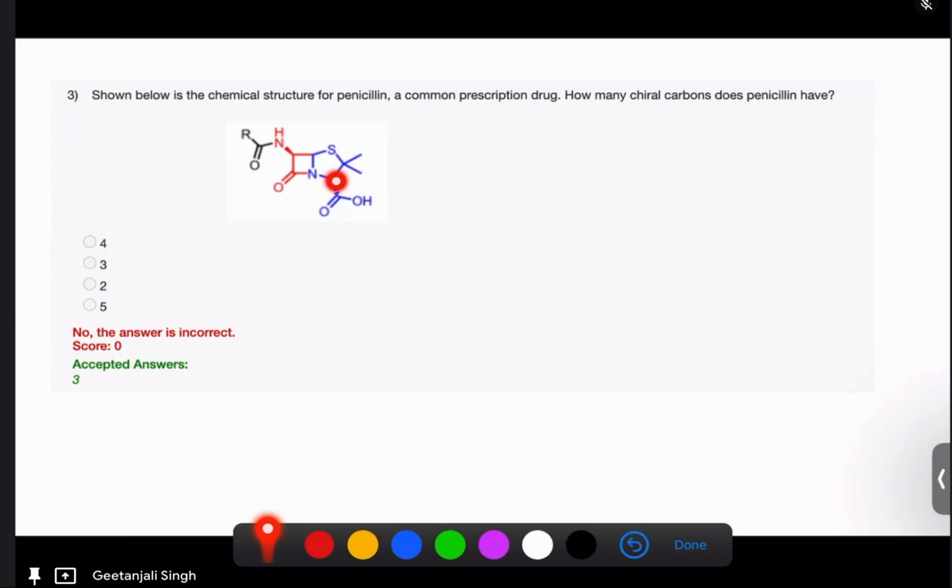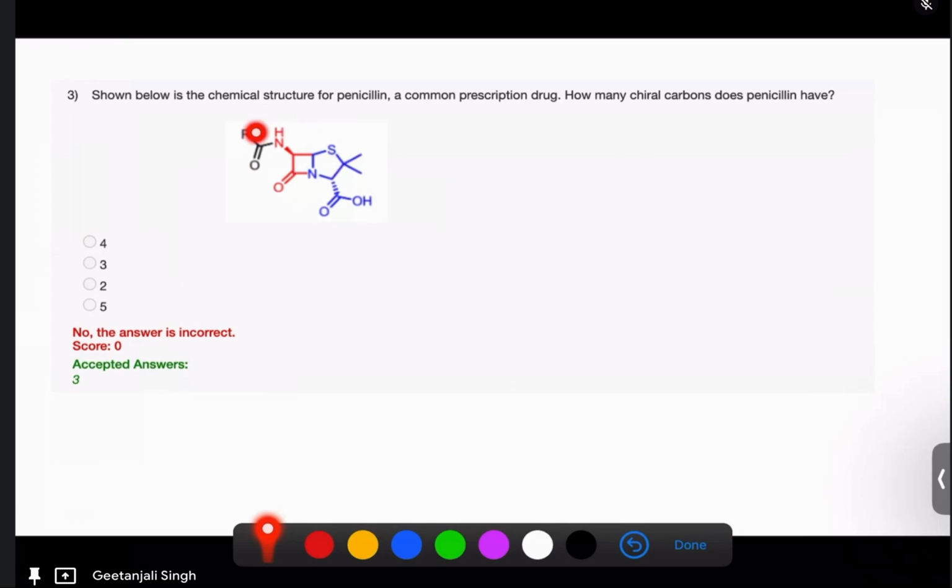Let's talk about this carbon here. It has one H and one carboxylic acid. It has nitrogen here and this group here. So it obviously has four different substituents, so this can be one of the chiral centers. Here the carbon again has one H and this group as well as this group.